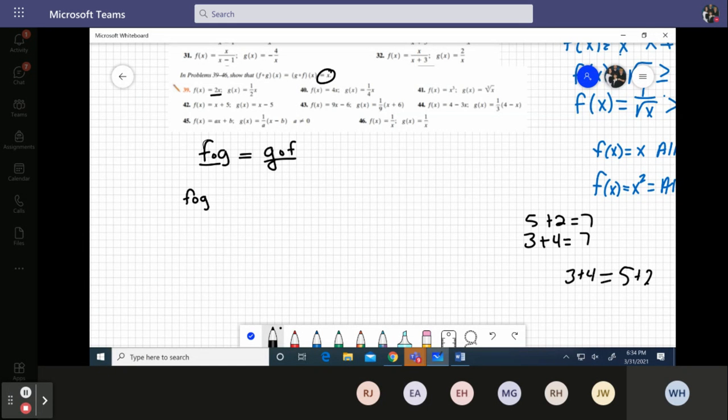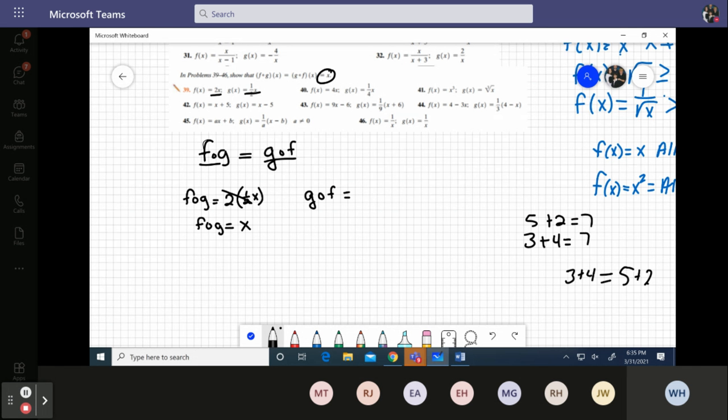f of x is 2x, and g of x is 1/2 x, then I have 2 times 1/2 x, right? And that 2 times 1/2 cancels, and that gives me f of g is equal to x. What about g of f?